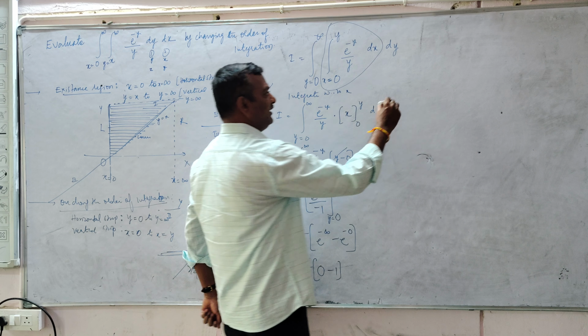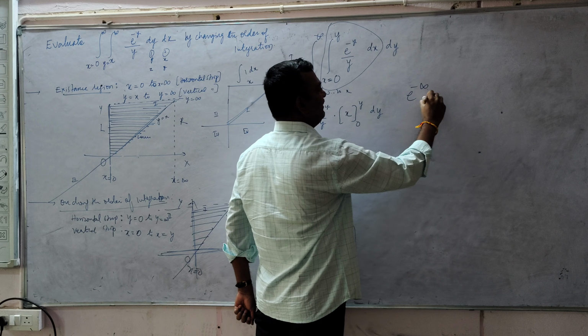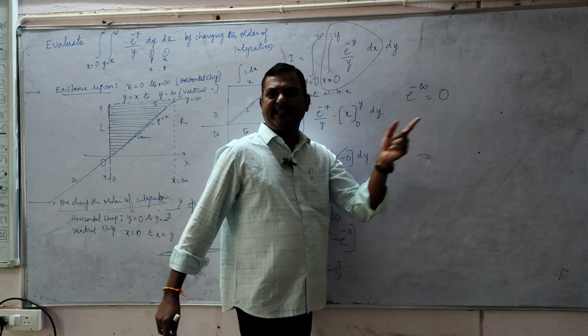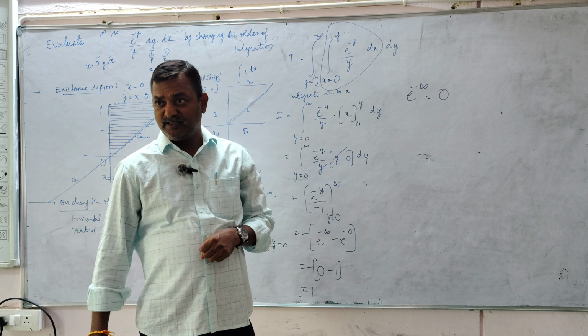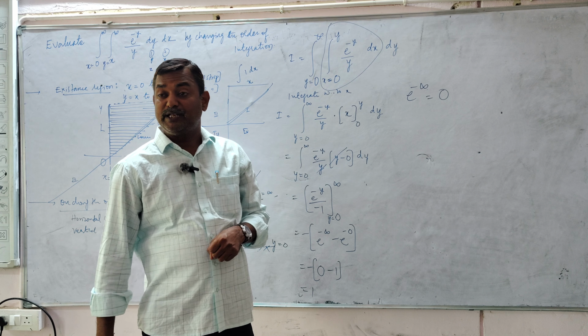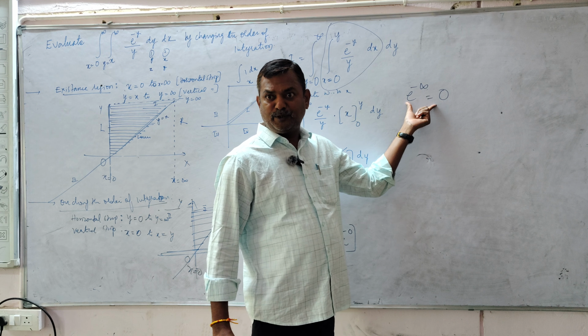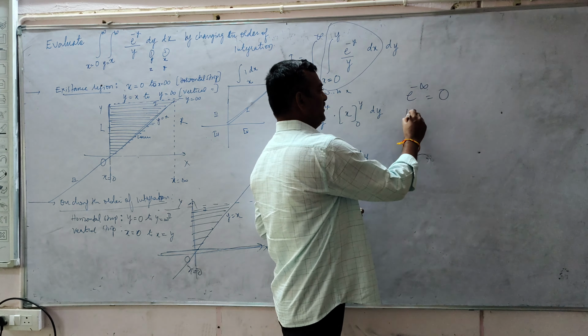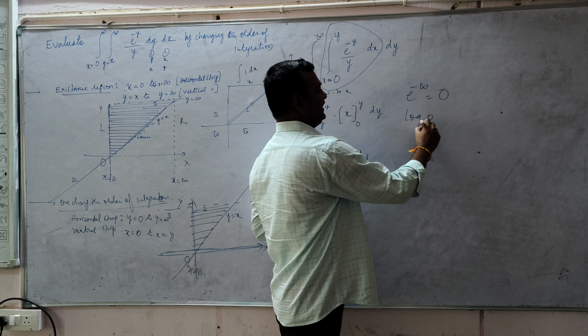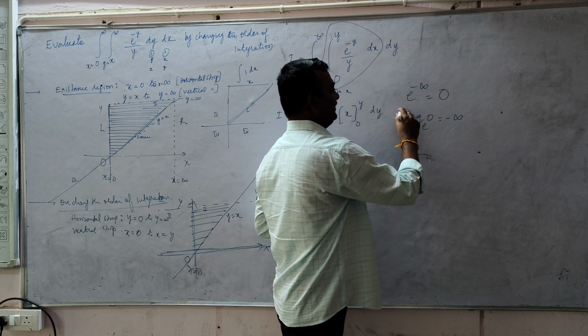I have taken the value of e raised to minus infinity as 0. This is the exponential form. What is the logarithm form of this exponential form? This is log 0 to base e is equal to minus infinity.